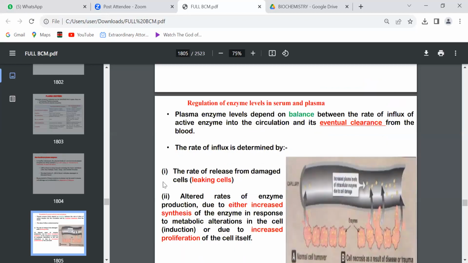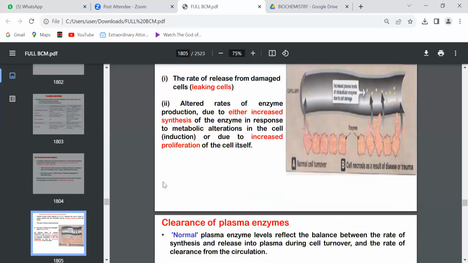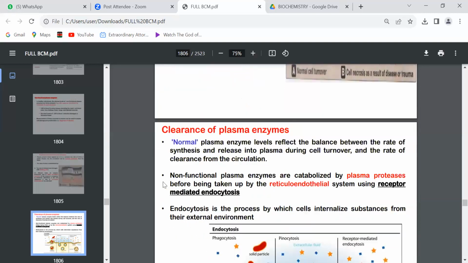We've said the concentration of enzymes in plasma will depend on the balance between the influx and the clearance. The influx will be high if there is increased production from the cells, or the cells have multiplied so much that there's increased proliferation, or the cells have become increasingly permeable, so they are just leaking the enzymes to the surroundings.